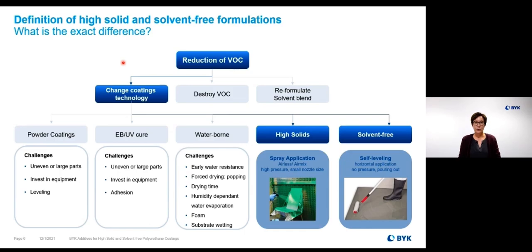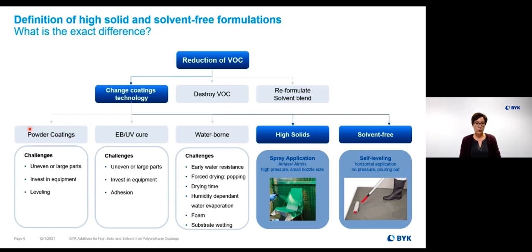What is for us the definition of high solid or solvent-free systems or formulations? In general, we say there are different ways to reduce the VOC. It can be a change of the coatings technology. You can achieve it when you destroy the VOC, or you can reformulate your solvent blend. But today we will concentrate on discussing the change of coatings technology.